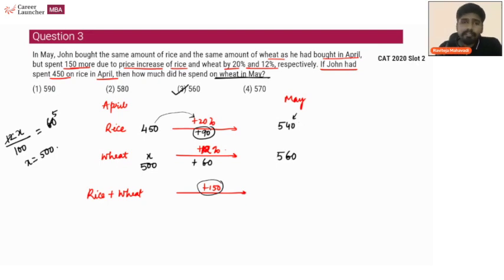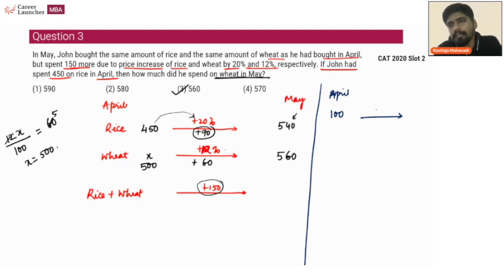Now please understand, can we be smarter? Can we solve this question faster? Let us say that he spent 100 rupees on wheat in April. How much will he end up spending in May? He will end up spending 112. So if this is 100x, this must be 112x.